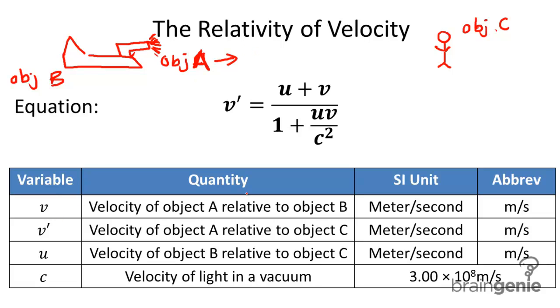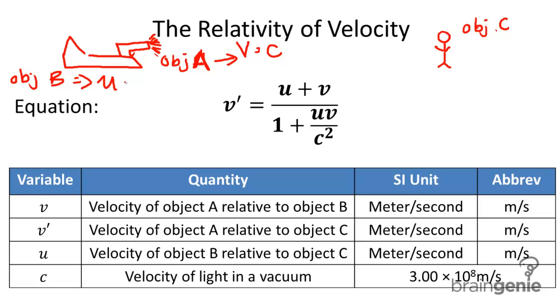So the velocity of object A relative to object B is going to be c. Now, the velocity of object B relative to object C: let's say this spaceship is traveling at half the speed of light.